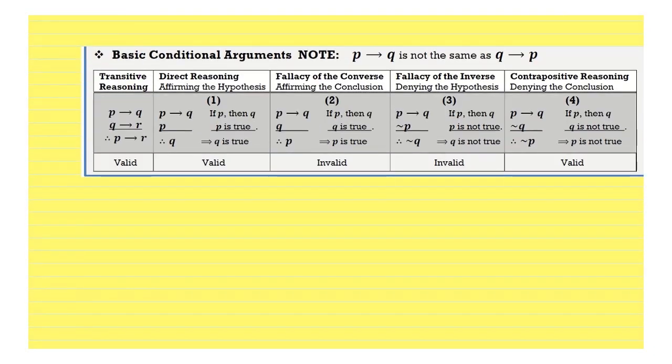So down here, we have a chart that says basic conditional arguments. And of course, direct reasoning. This is the one that you would recognize as being the original conditional statement.